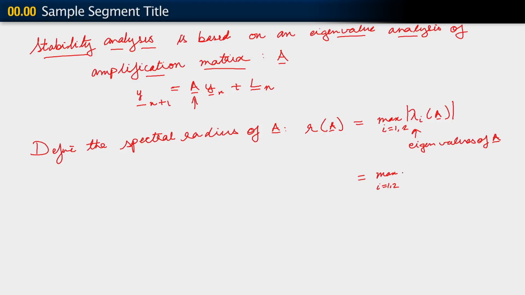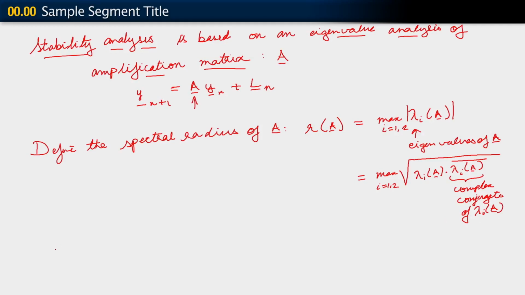Now that magnitude is properly the square root of the product of lambda_i and its complex conjugate, which is going to be denoted as lambda_i of A bar, where that bar implies the complex conjugate of lambda_i of A. Okay, that is our spectral radius.